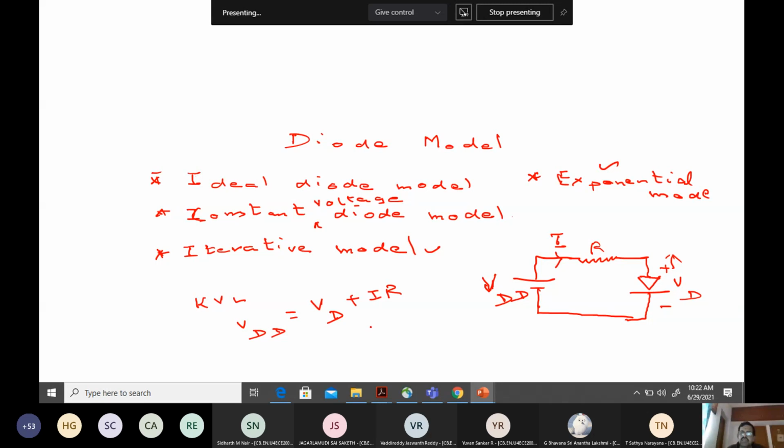So we have this equation from the exponential model. We already know that the current-voltage characteristic, after the cut-in voltage, the current rises rapidly with an exponential function given by i equal to Is exponential of v by Vt.